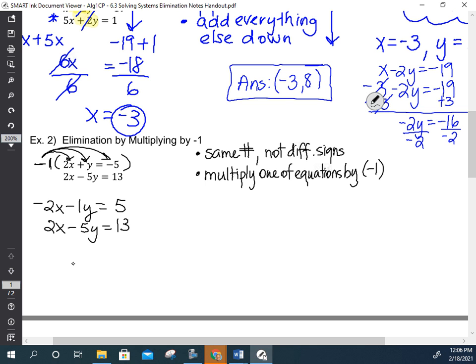So once you multiply one of the equations by negative 1, then cancel out the opposites and add everything else down. So the opposites cancel out.